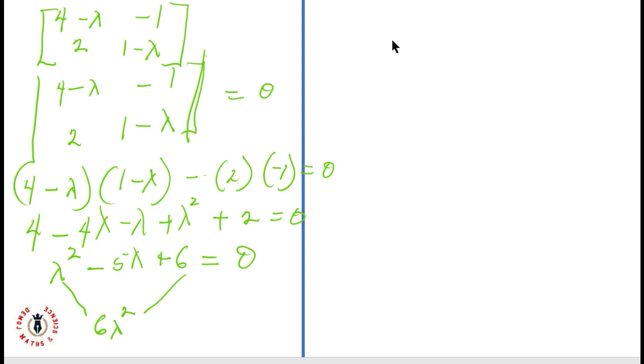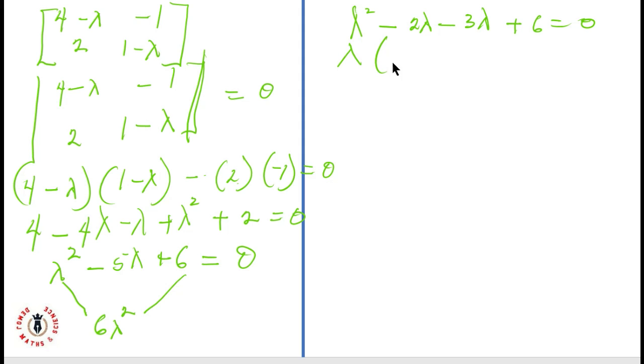Now, what are the factors of 6 lambda squared that will add up to minus 5 lambda? That's minus 2 lambda and minus 3 lambda. So this is lambda squared minus 2 lambda minus 3 lambda plus 6 equals 0.